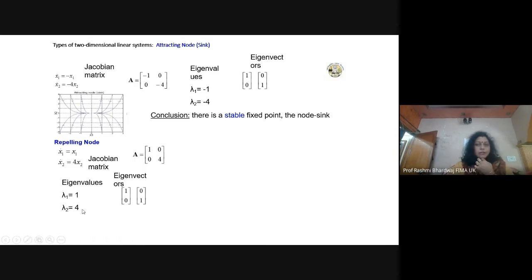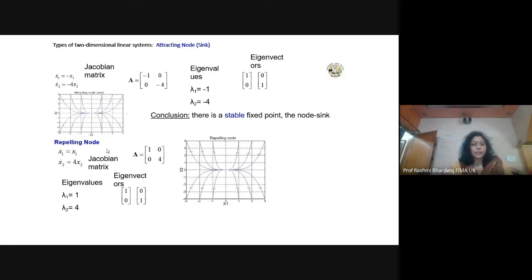In this case, you are not getting a stable fixed point, but the points are moving away from this. So it is an example of a repelling node. This means if you have negative eigenvalues, then you get a stable fixed point or your node is a sink. If you get positive eigenvalues, then it is a repelling node and you get an unstable fixed point.